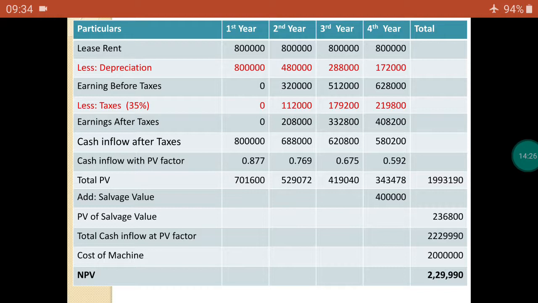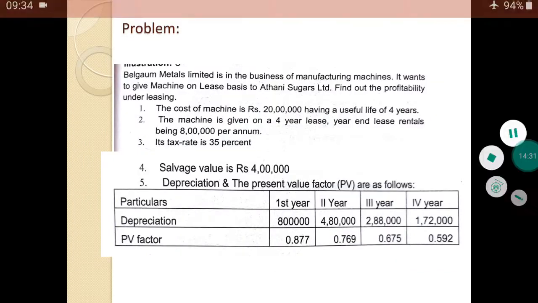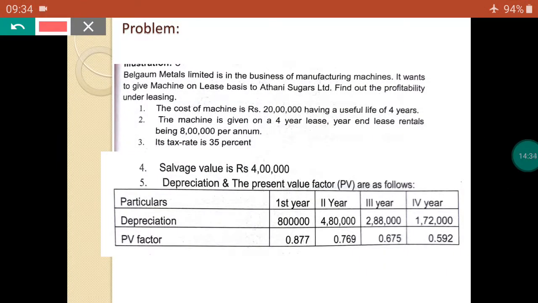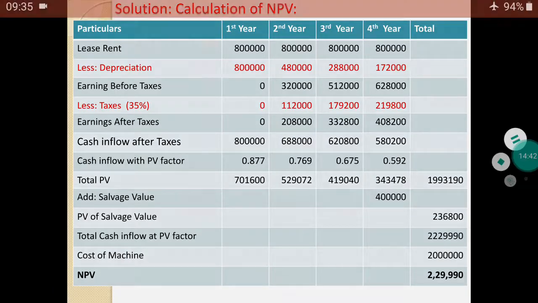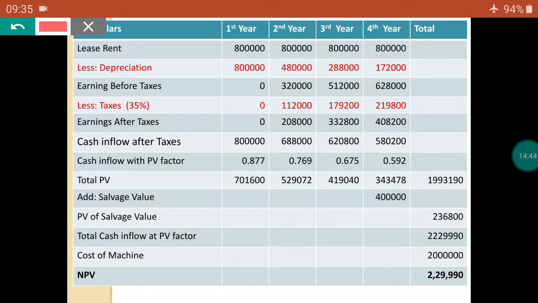Okay, after that, you should deduct cost of the machine. They are given cost of the machine. See, the cost of machine is 20 lakh. After getting total cash inflow at PV factor 22 lakh 29,990 minus cost of machine 20 lakh, the net present value is 2,29,990 rupees.